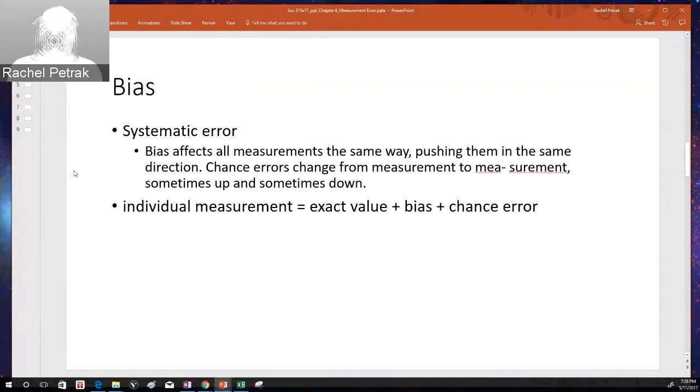Oftentimes there's a bias towards patients having slightly higher blood pressure in a clinical context than they might in other contexts because the clinical context itself is stressful for them. That stress pushes blood pressure up. It's a systematic error, the bias, because it pushes all these blood pressure measurements in the same direction.